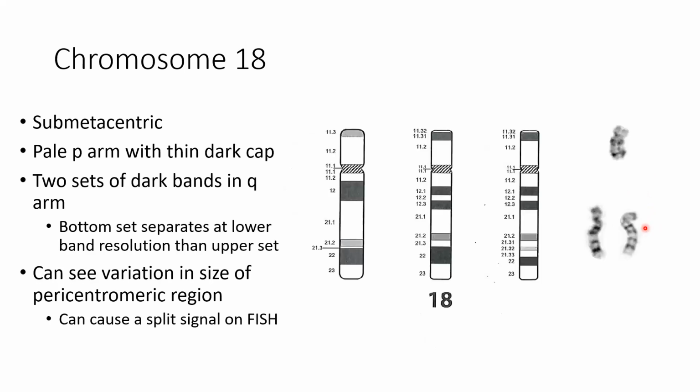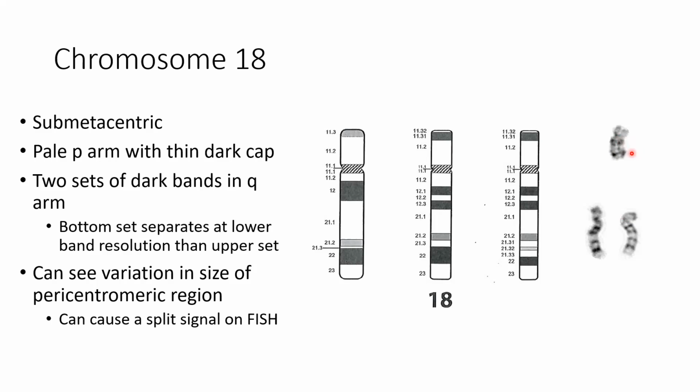And then chromosome 18, which is the last of this group, obviously very submetacentric, but the P arm is usually very pale, and it can have a thin dark cap on it. Sometimes it looks a little darker like that, but for the most part, you're going to be looking for a submetacentric chromosome for 18 that has a good bit of light area, and then has a series of usually four bands.